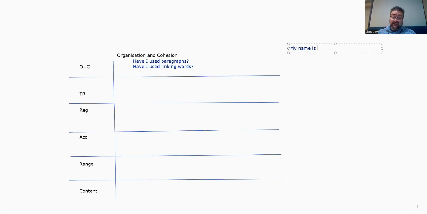So, for example, my name is Liam and I'm a teacher. So there is your linking word in the middle. You can also use more advanced linking words at the beginning of a new sentence.